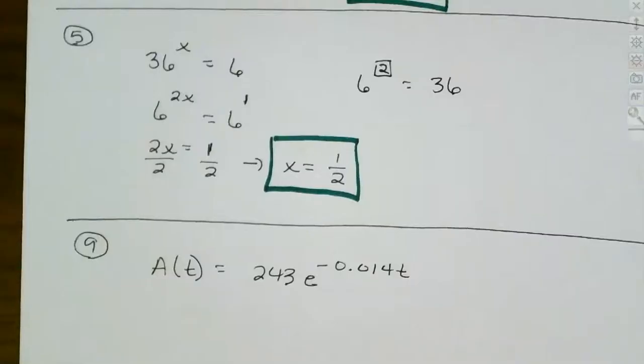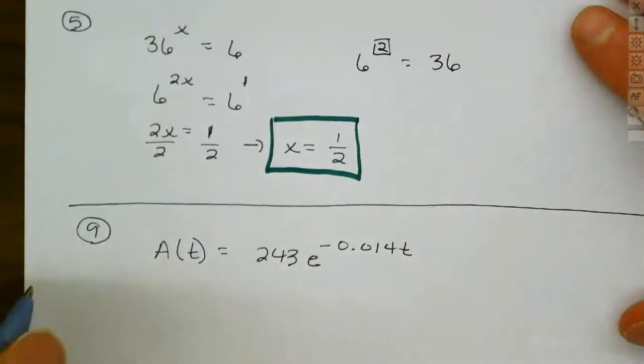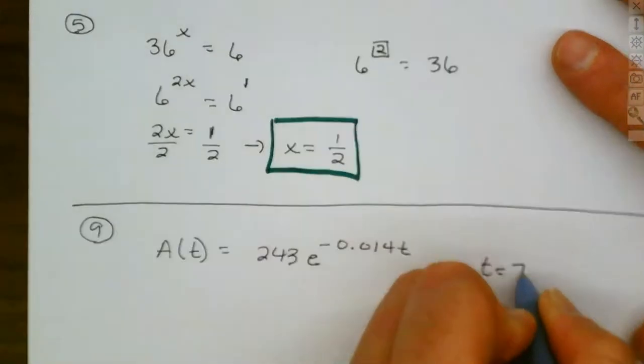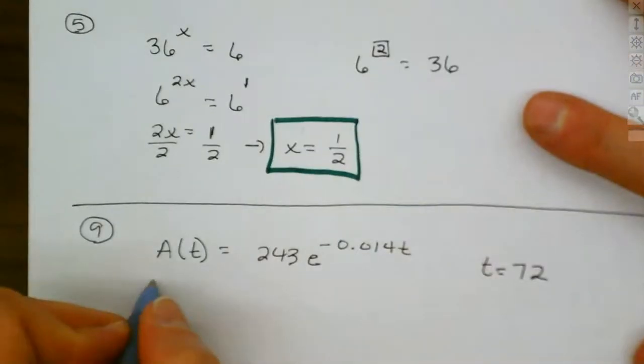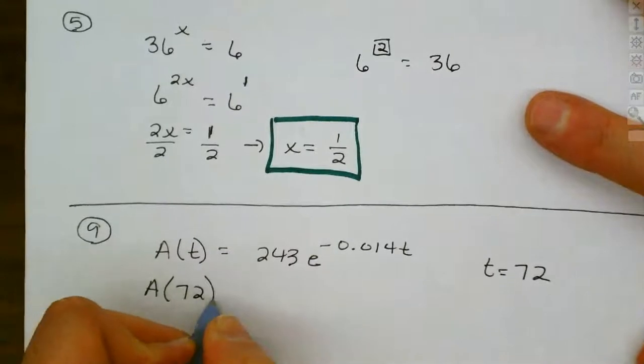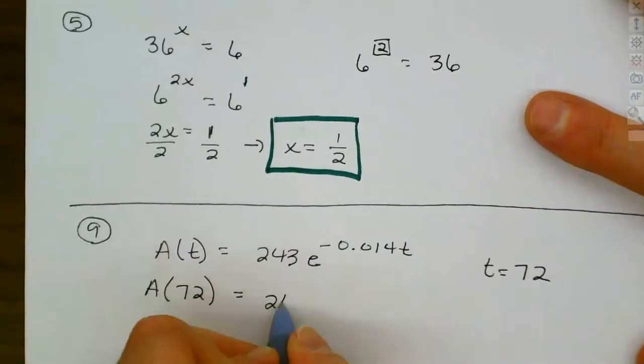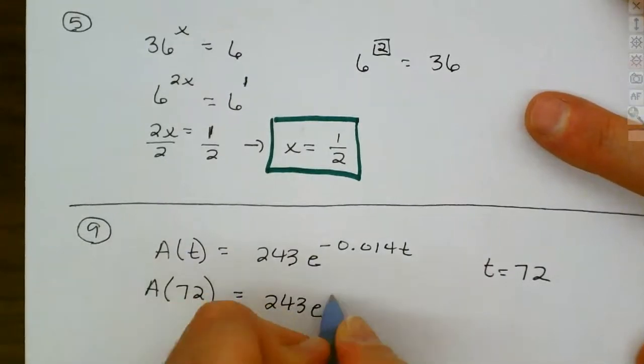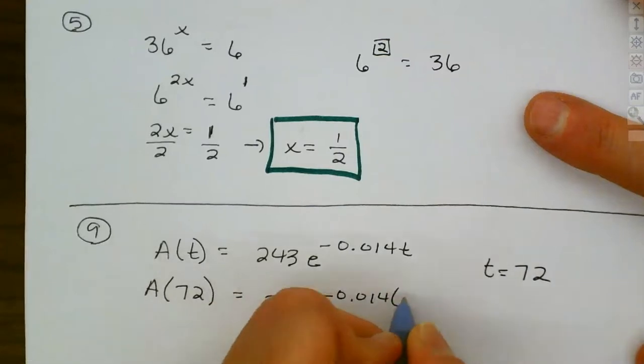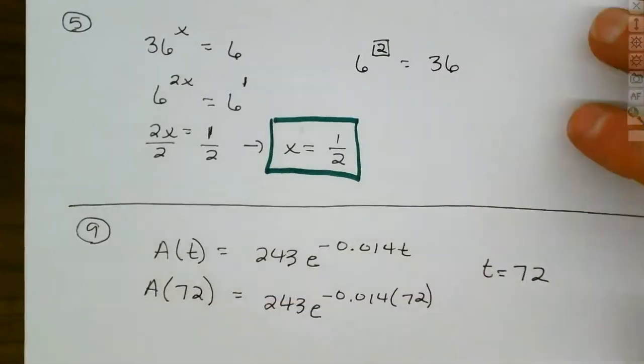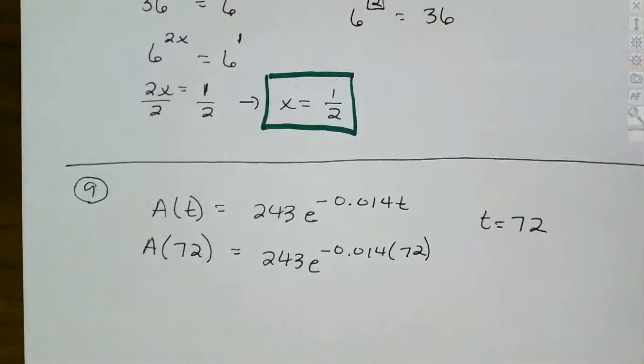So what are we going to plug in? We want to find 72 years later, so we're going to use t equals 72. So we'll put that 72 in there, just like that.